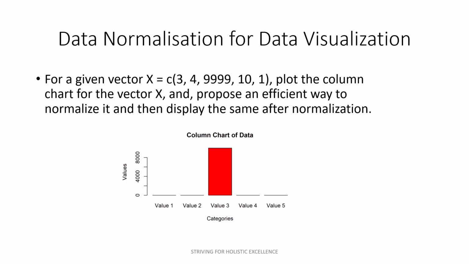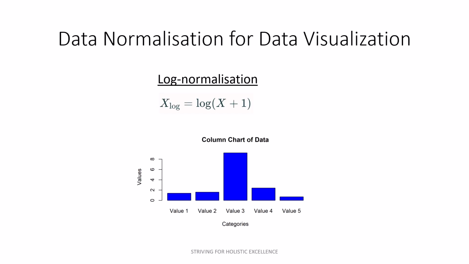So for that, we can use log normalization, and this is the equation for the log normalization, that is log of x plus 1. If you apply log of x plus 1, and after that, if you plot this data, then you can see some value for each of these, value 1, value 2, all 4 nines. We can see that. Because it's logarithmic, you can think what happens. What is log of 10,000 to the base of 10? That value is equal to 4.